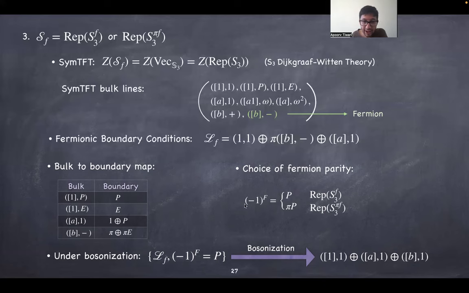Therefore, the endpoint of this A line has two ends. The first end is a topological local operator, and the second end is a P-twisted operator. In other words, what we have is an NS sector boson and an R sector boson. Now, upon bosonization, the NS sector boson becomes a local operator, and the R sector boson becomes a twisted sector operator of the dual Z2 symmetry.